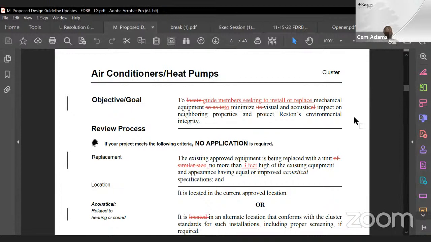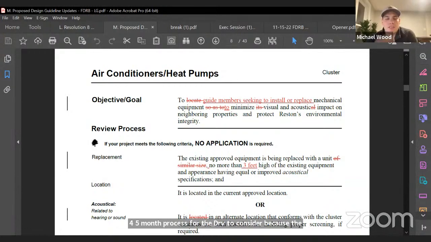And of course, that became problematic for you all to review, because the owner did not submit an application because she believed that it was similar in size to her previous unit. And so that ambiguity gets us into trouble, and it becomes a 4 or 5 month process for the DRB to consider, because the guideline wasn't very clear.